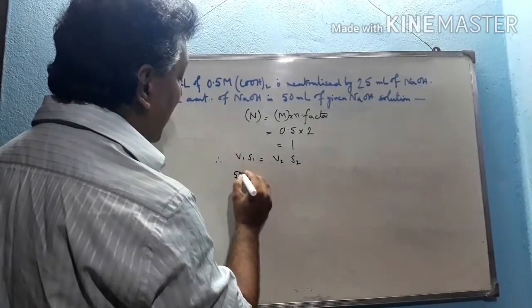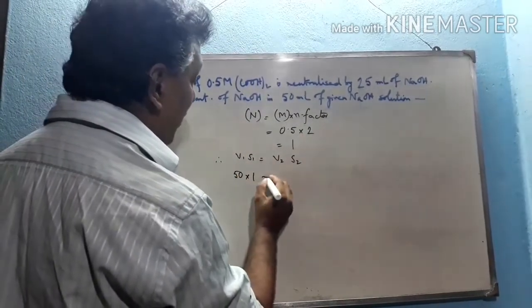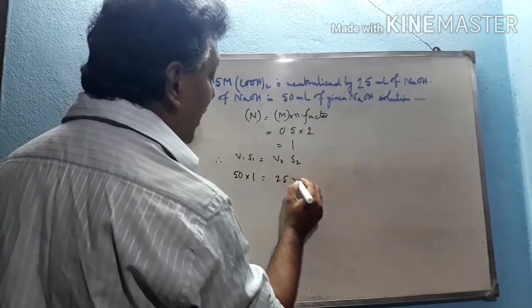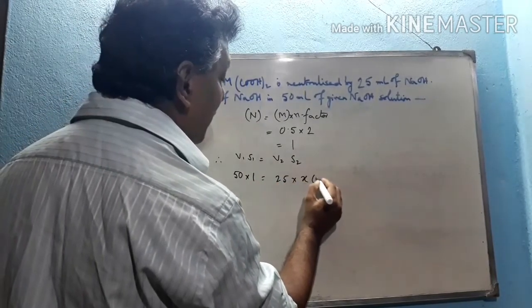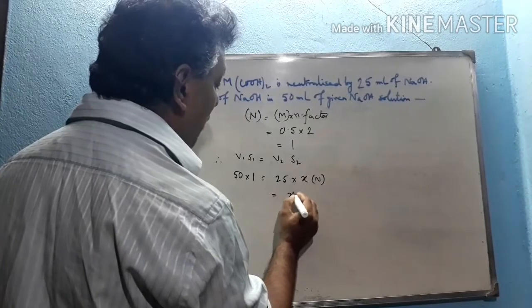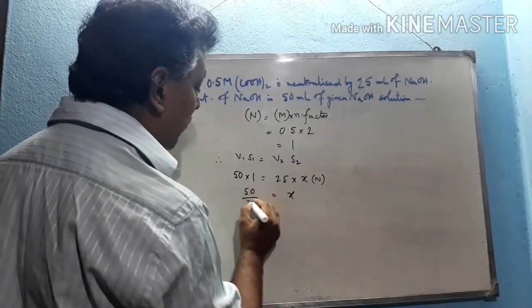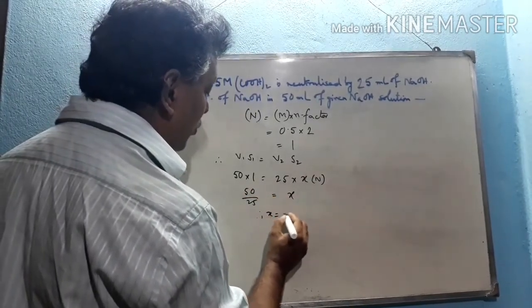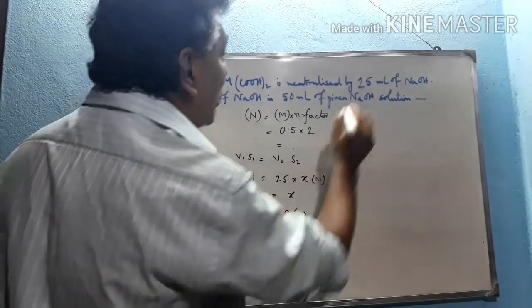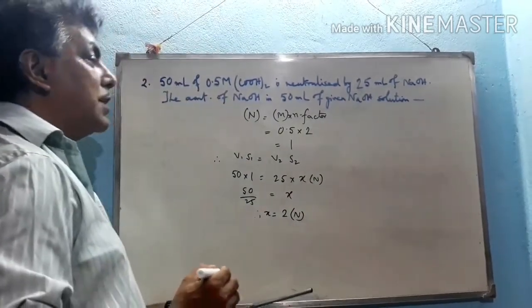V1 is 50 ml, S1 is 1 normal, V2 is 25 ml, S2 is X normal. So X equals 50 by 25, therefore X equals 2 normal. So the given solution is 2 normal sodium hydroxide solution.